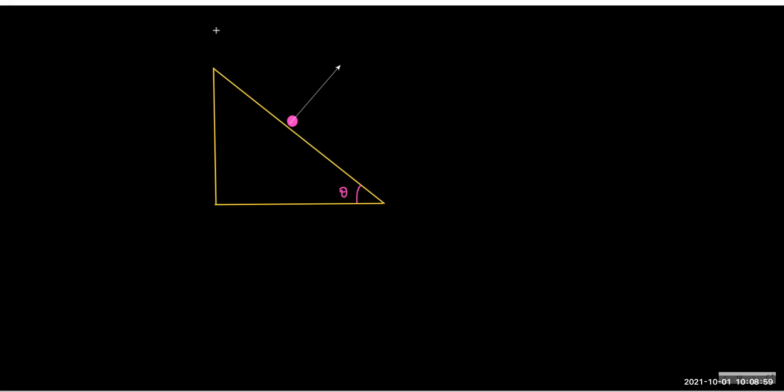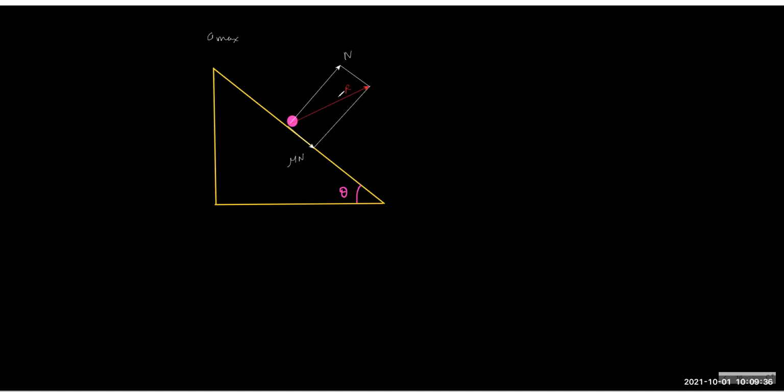Now this is the normal. So for A max, the N is like this, but the mu N will be somewhere here. This is the mu N part. And because this is the mu N part, this is the R part.